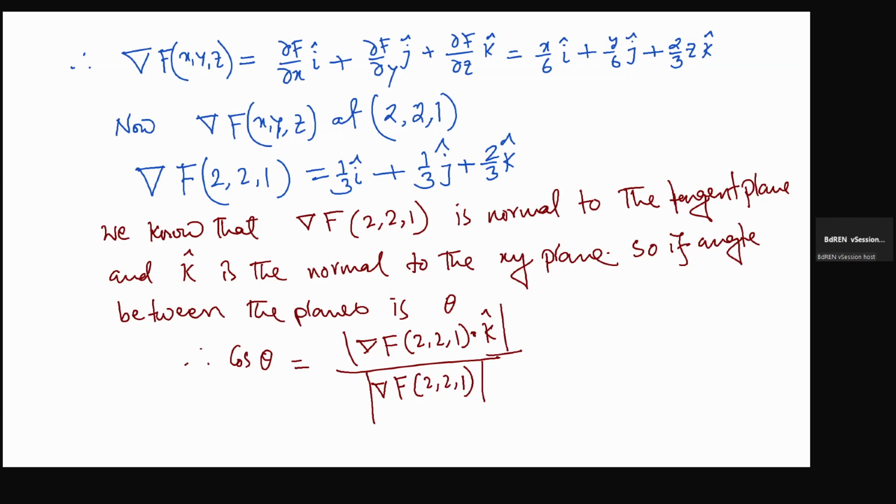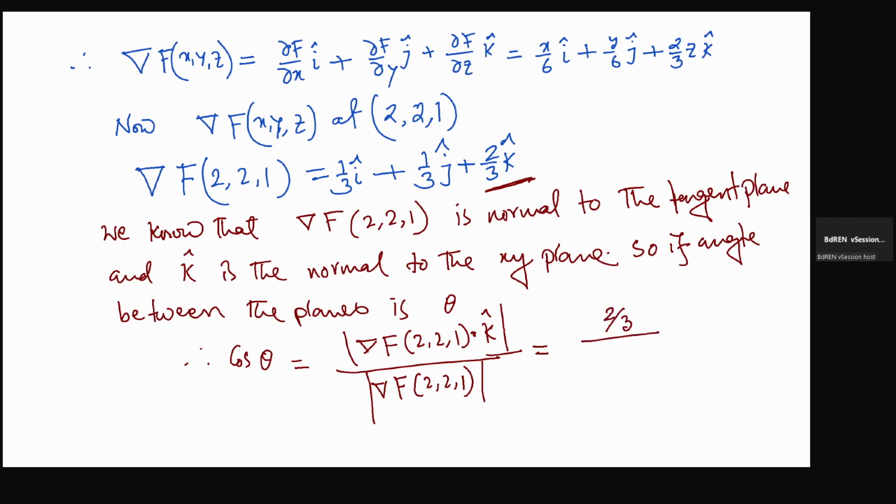So that's why we skip that part. What was the gradient? Gradient was this one. So if we do the dot product with k, then we will get only 2 divided by 3.